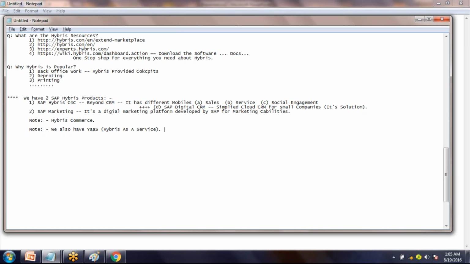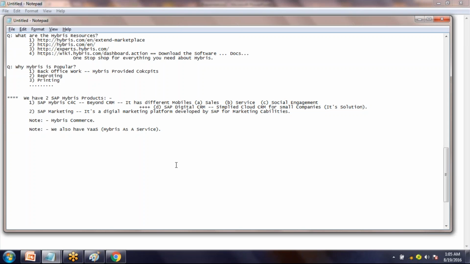What is the advantage of this one? Hybris as a Service is a platform. It is cloud-based. It is used to develop microservices. I'm not going into much detail about YaaS as of now.